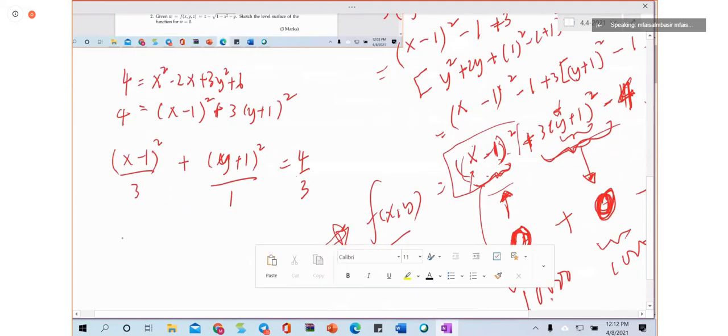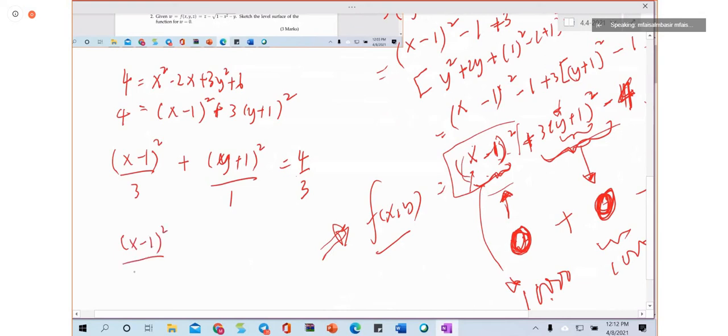So you can write like this, right? Root 3 squared. No need to do anything, just 1. Square root 1 is 1. And then this is 2 squared over square root 3 squared. So what is this actually? What is the shape?